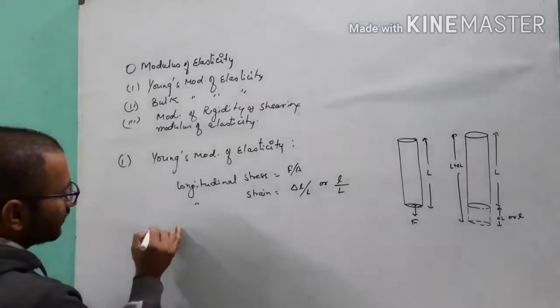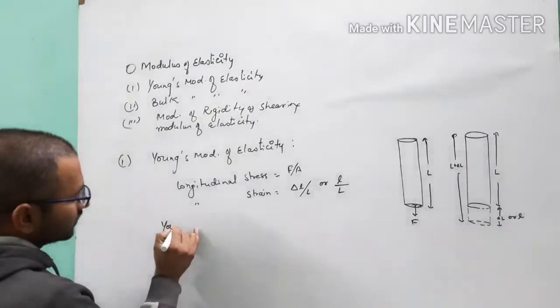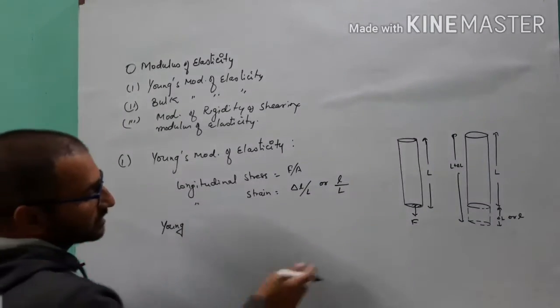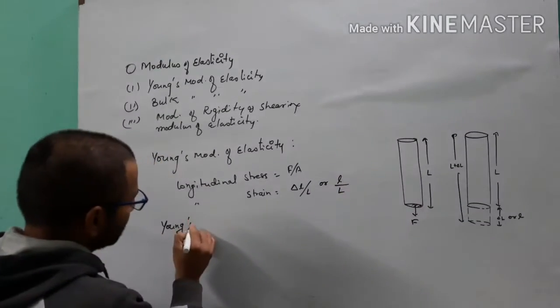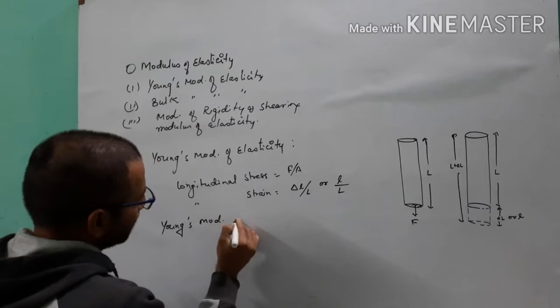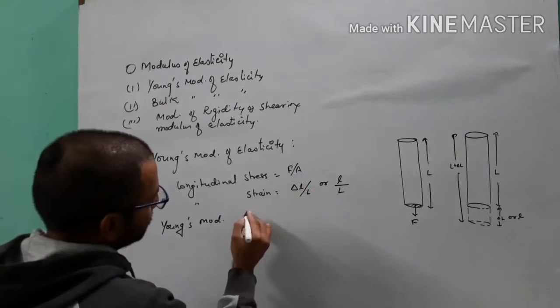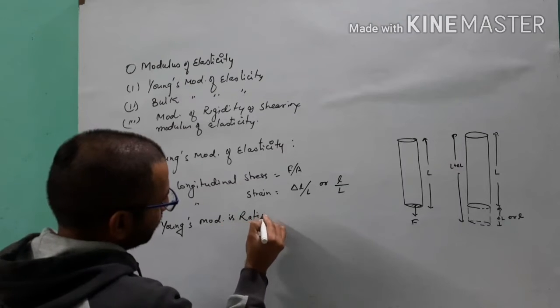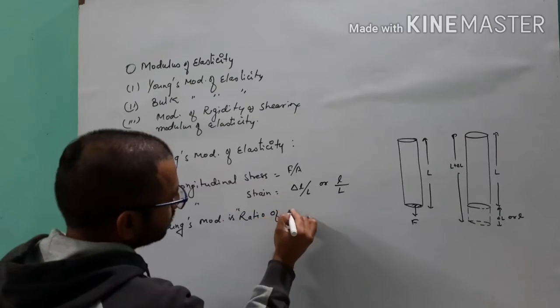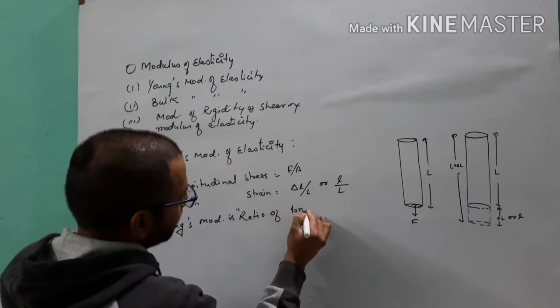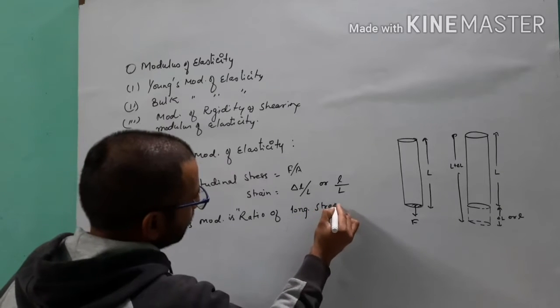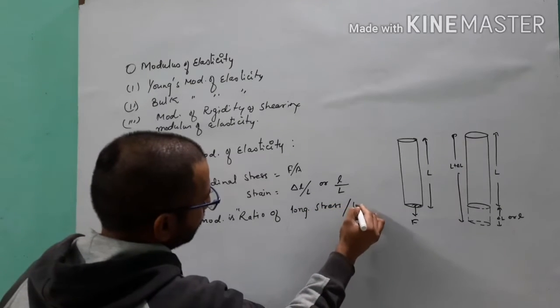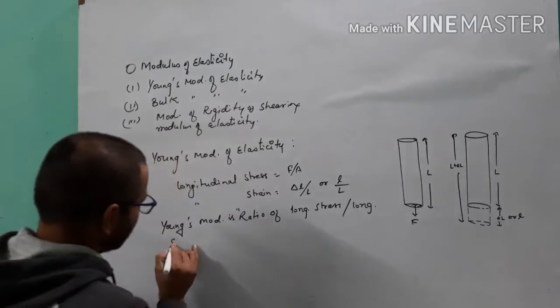Now, Young's modulus of elasticity for this condition is nothing but the ratio of longitudinal stress over longitudinal strain. Point clear?